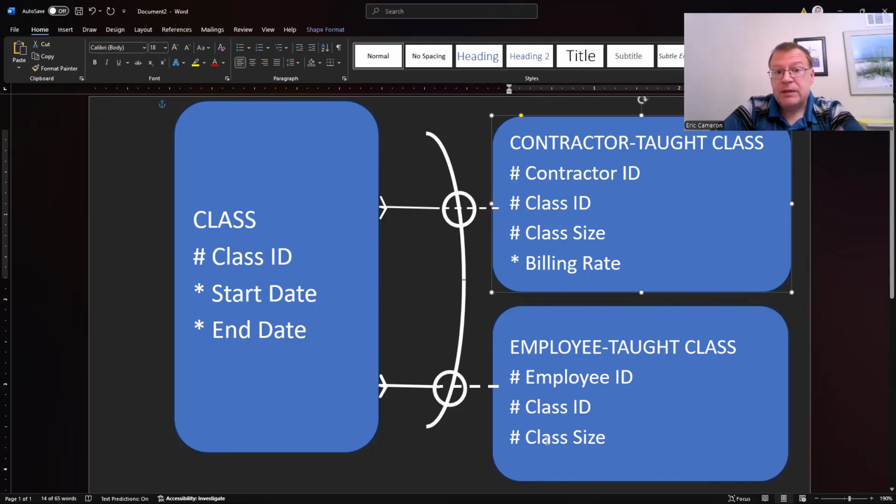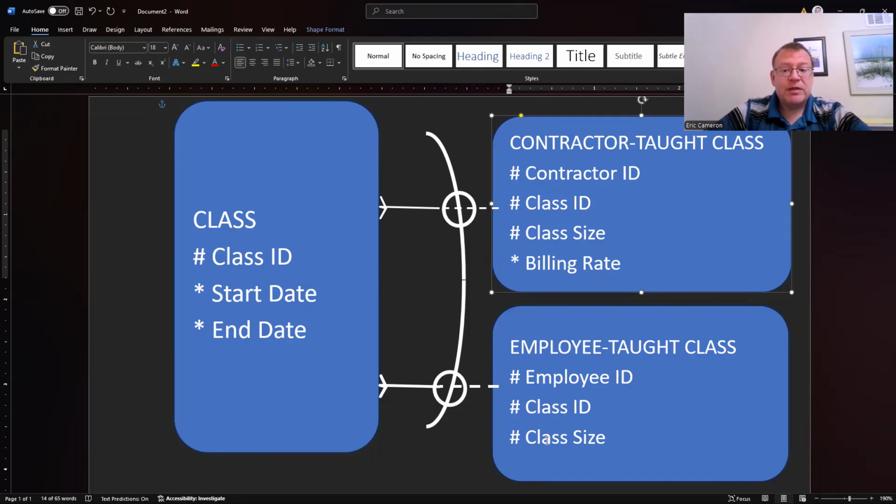At the particular company I was working at, if it's something an employee was teaching, they would allow the course size to be a little larger. So if we had a contractor, you might limit it, let's say, to 15. If it was one of our employees, where this is their full-time job and they're spending time in the afternoon supporting students and so on, maybe that becomes a class size of 20.